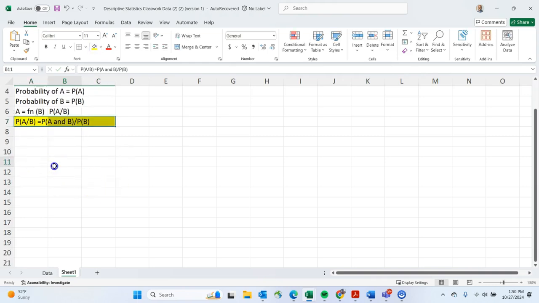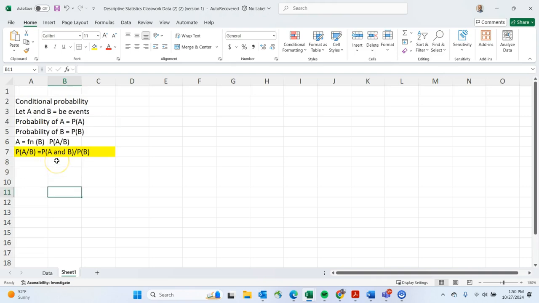Once we have this, we can look at an example which can help us to understand this formula.